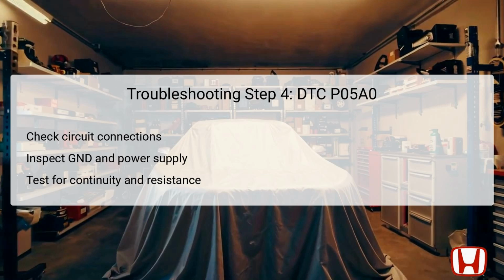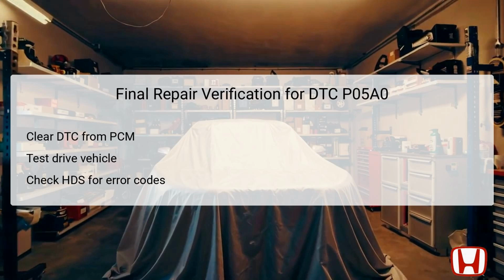After performing all necessary checks and repairs related to DTC P05A0, a final verification process is essential. Start by clearing any stored fault codes from the powertrain control module, PCM, to reset the system.